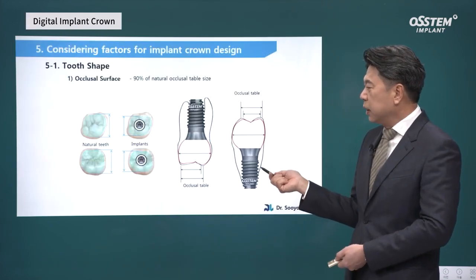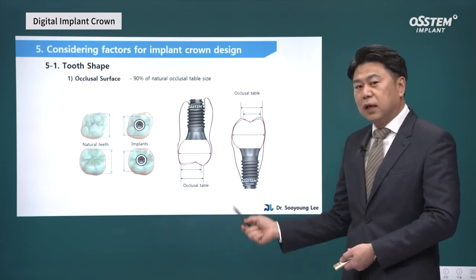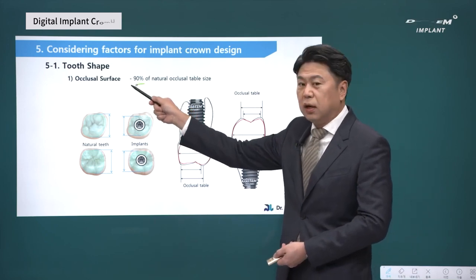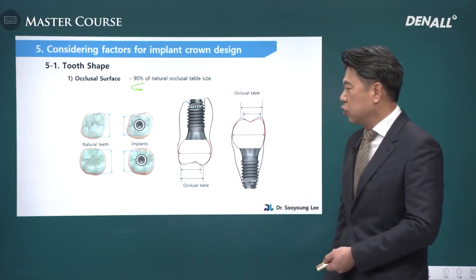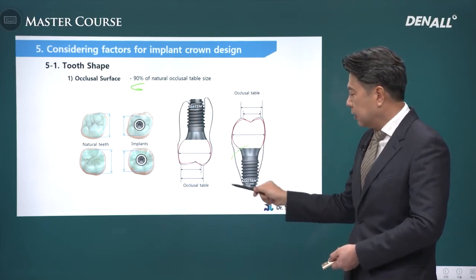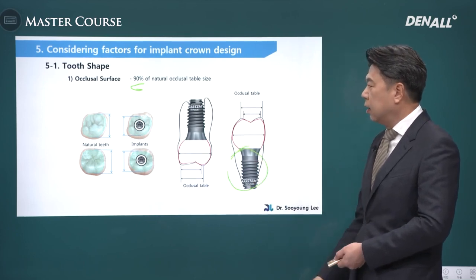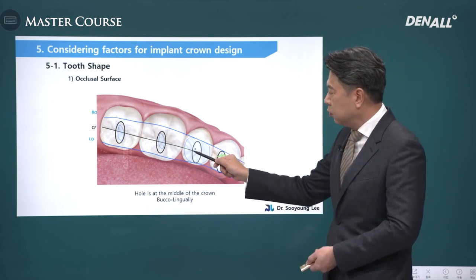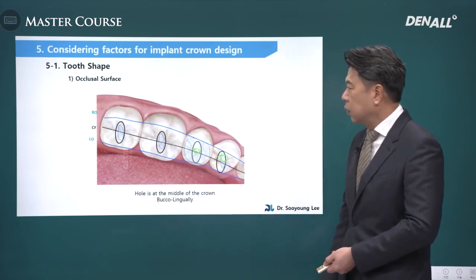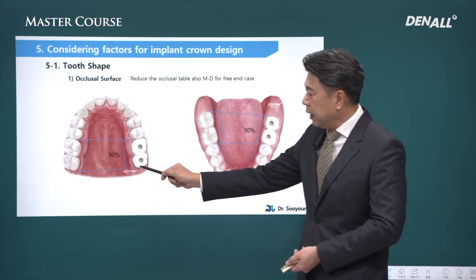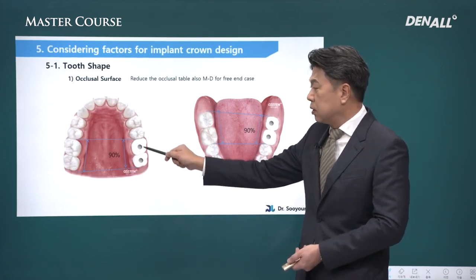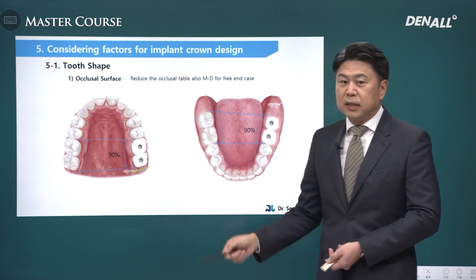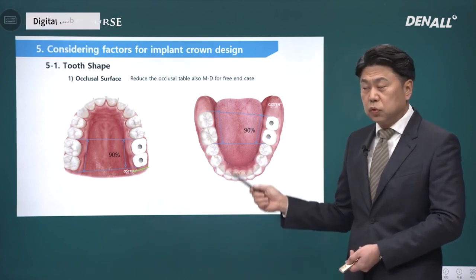Just like an analog approach for implant crowns, we need to consider several things. The buccolingual size should be reduced just a little bit, to about 90% of the size, for long-term longevity of implants. The screw holes need to be positioned at the center. If it is not a free end case, the mesiodistal size cannot be reduced. However, for a free end case, the size can be reduced to about 90%.